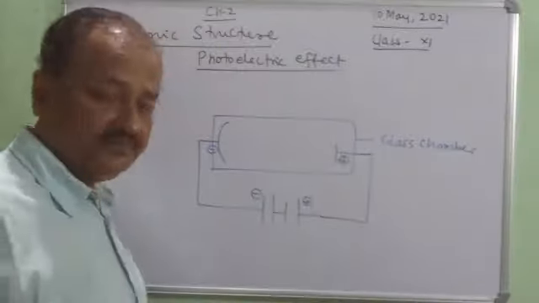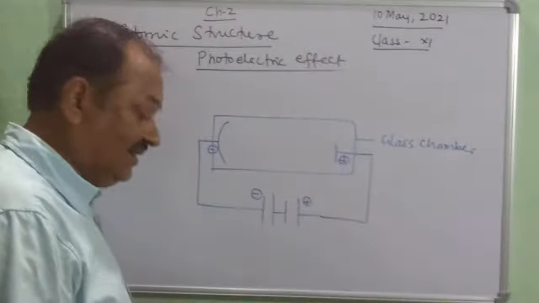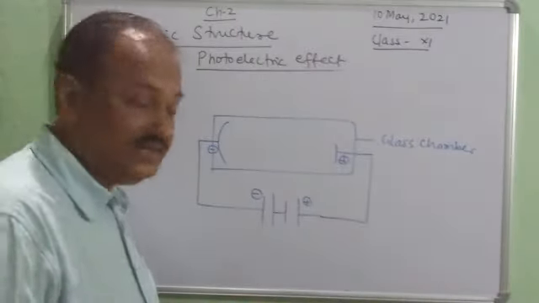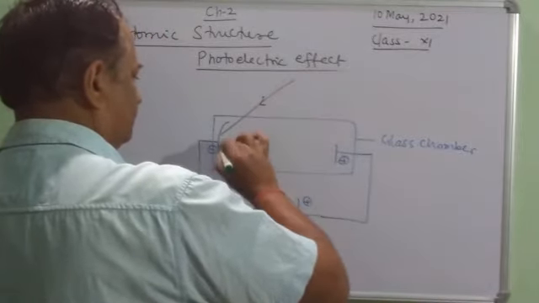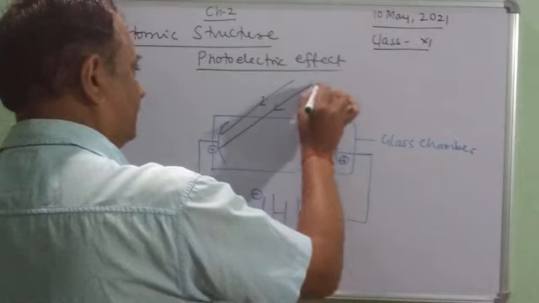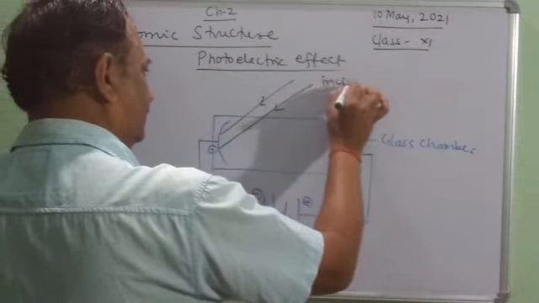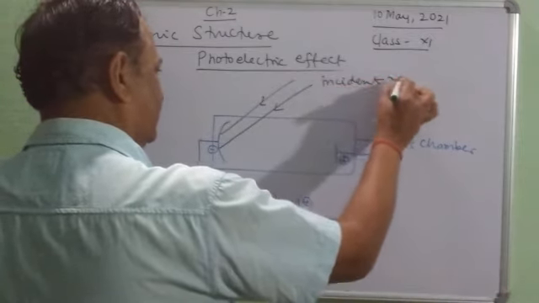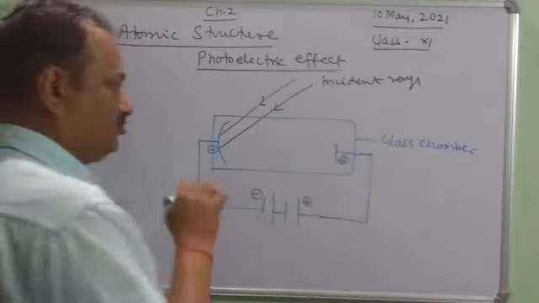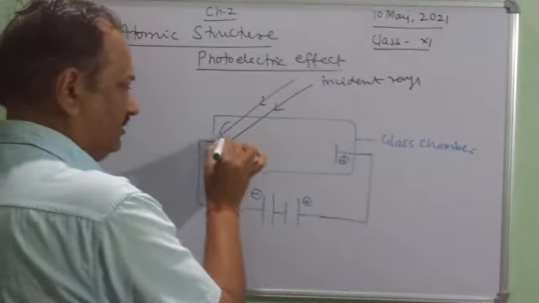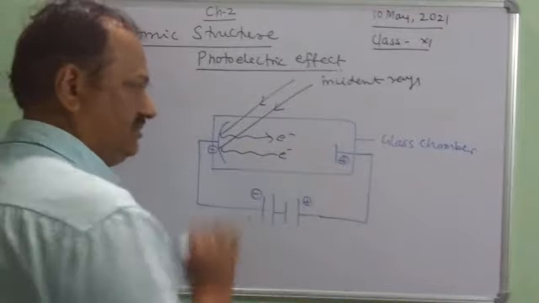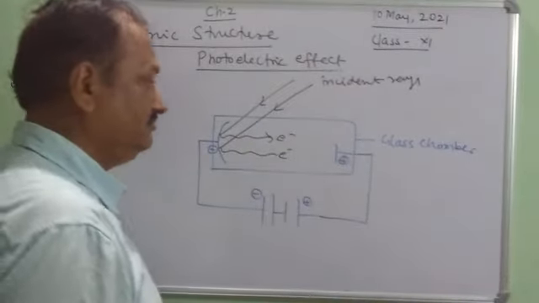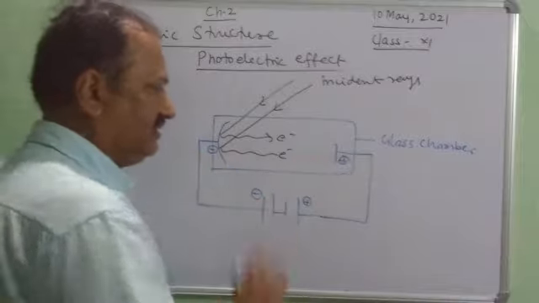And when the light rays from any source, these are the incident rays, then what happens? The photoelectrons are emitted, and as it is negatively charged, the other is positively charged.